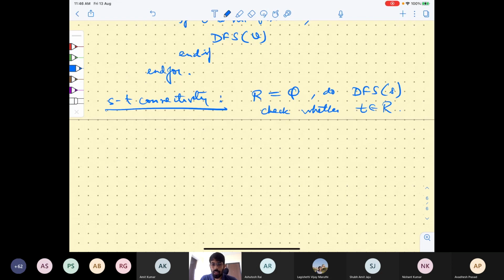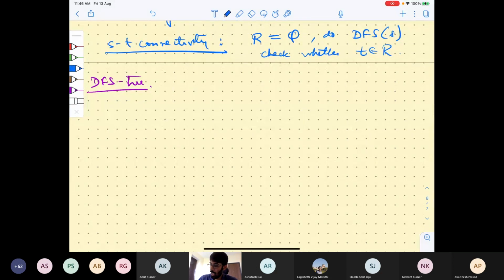Okay, so just like BFS, we can also have this DFS tree, in the same way that I was drawing. You are at S. Then you go to some of its neighbors, some of its other neighbors, and as you keep discovering and adding these edges to the tree, whenever something new gets discovered, only then you add that edge to the tree.